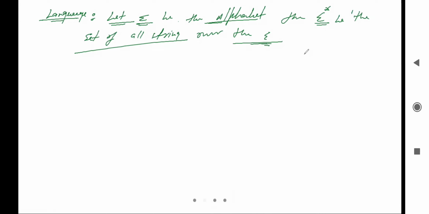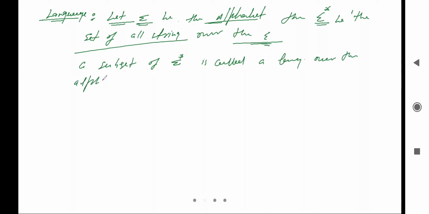So then we can say a subset of sigma star is called a language over the alphabet sigma. And language is represented by L.